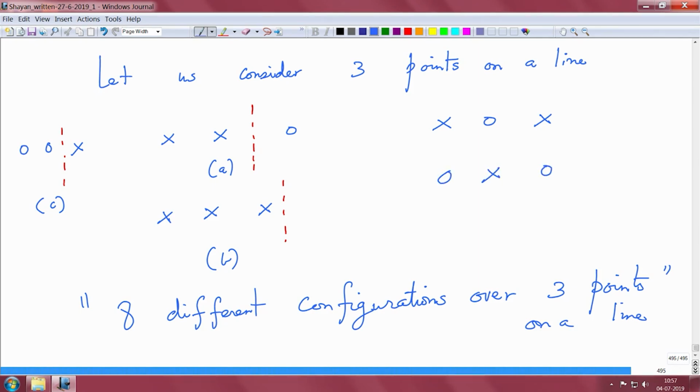Now I am just complementing this configuration here. So now let me put one line here. I have a classification error. There is one point which cannot be classified by just a line.